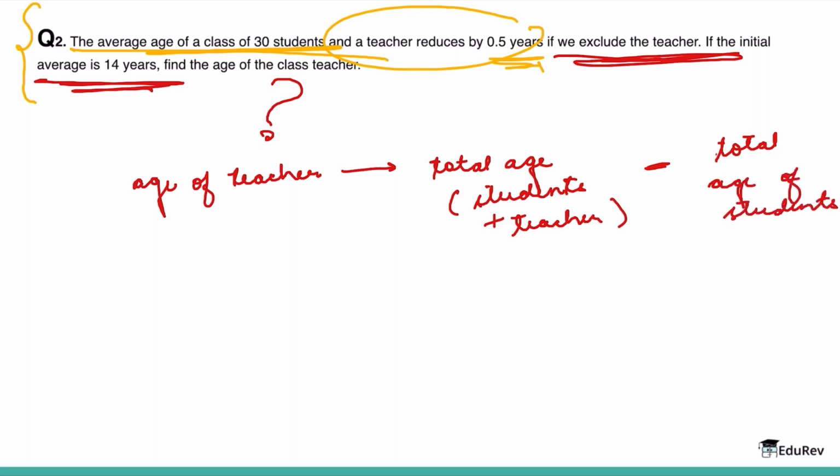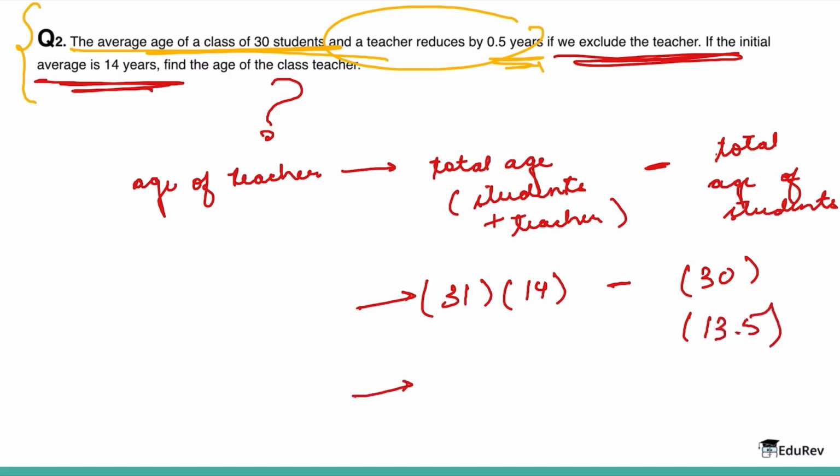The total age of students plus teacher is going to be 31 multiplied by 14. Subtracting the total age of students, which is 30 multiplied by 13.5. And when I solve, it's going to be 29 point something. 29.5 years is the answer. So this is what the answer is.